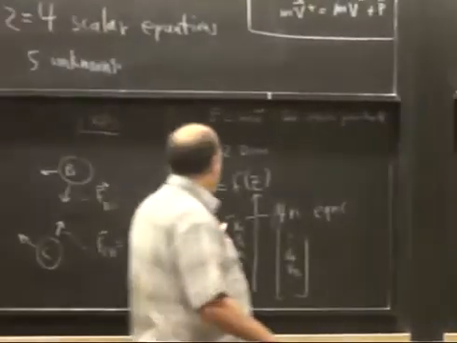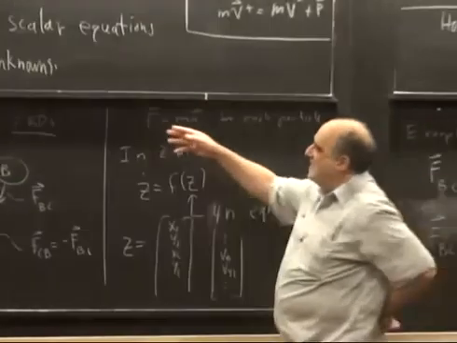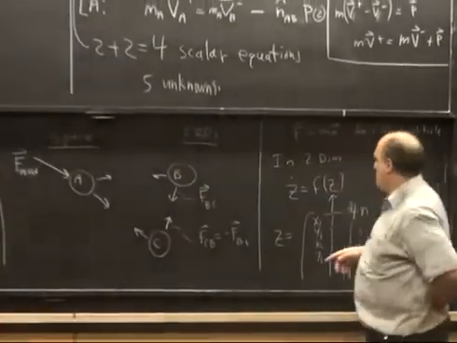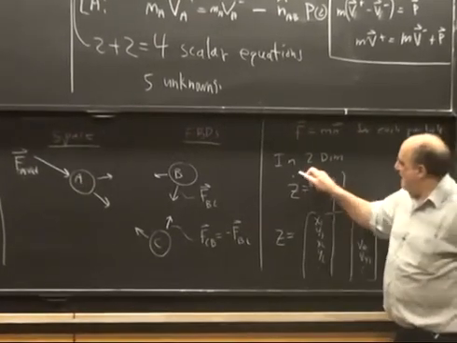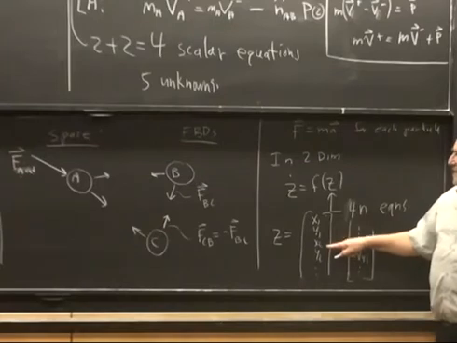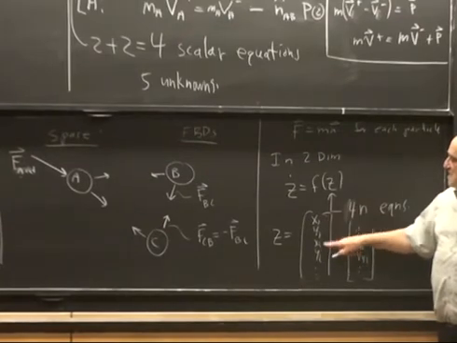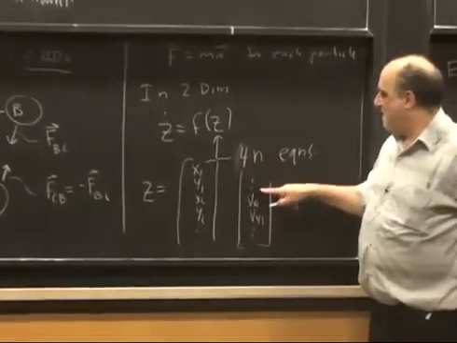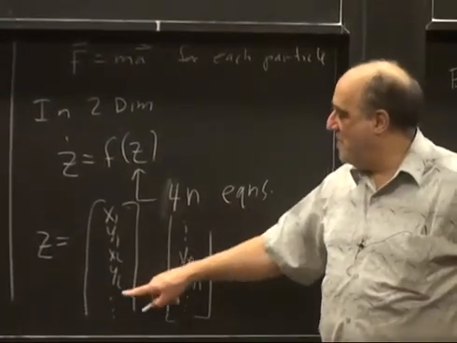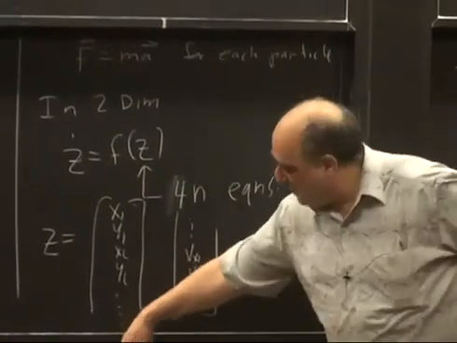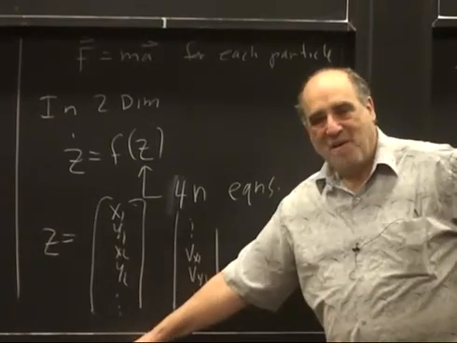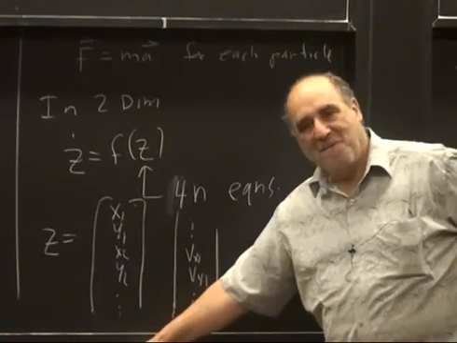Right over here, I'm trying to say that if we have 3 particles here, we should have 12 equations. If we have z dot equals f of z, the z is a list of the 3 x positions, 3 y positions, 3 x velocities, 3 y velocities. So this says x1, y1, x2, y2, and so on, and then it's supposed to continue down here, vx1, vy1, vx2, vy2, and so on.